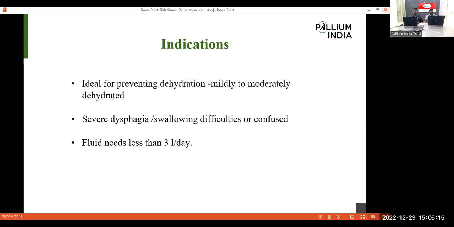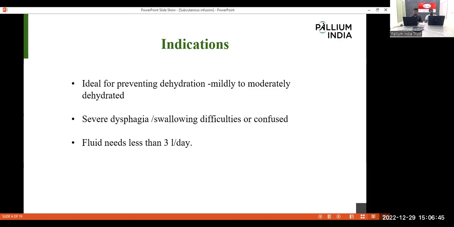Okay. So this type of severe dysphagia, due to the dysphagia, if the patient is unable to take oral medication, or unable to take food orally, or can't drink even sips of water, in that type of situation, for rehydration or for the management, if any medicine we need to give the patient, we can also give it subcutaneously.